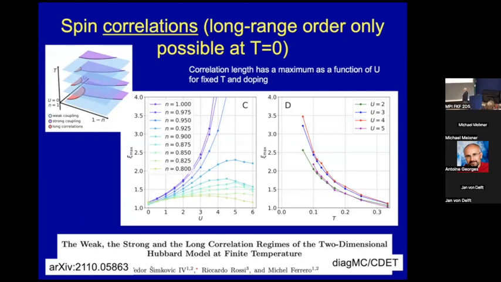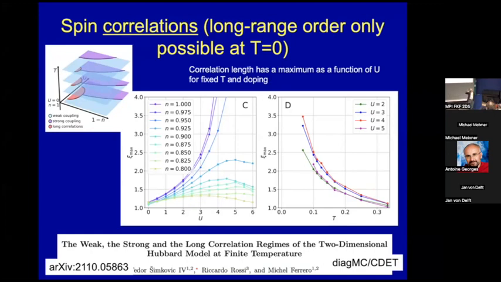And we know from, in particular, recent calculations using the diagrammatic Monte Carlo methods, that the correlation length of the Hubbard model can be mapped out from these calculations, and it has, as you would expect qualitatively, a non-monotonic dependence on U. So if you are at small U, you need to go to very low temperature to have a long spin correlation length, which will then explode exponentially. If you are at large U, you also need to go to low temperature because the characteristic temperature scale is J.